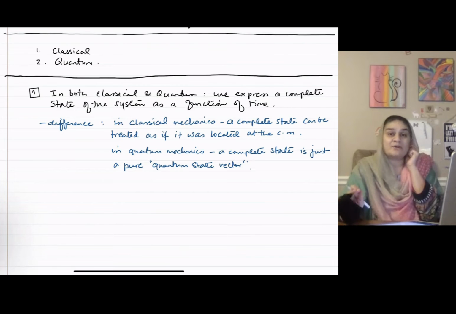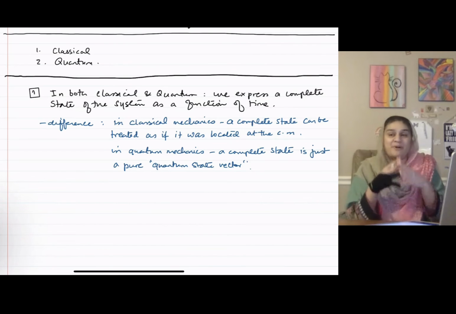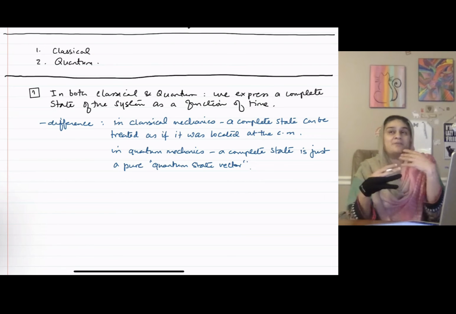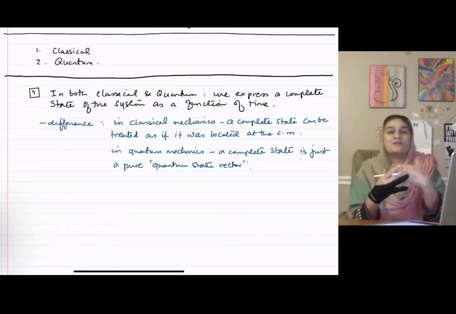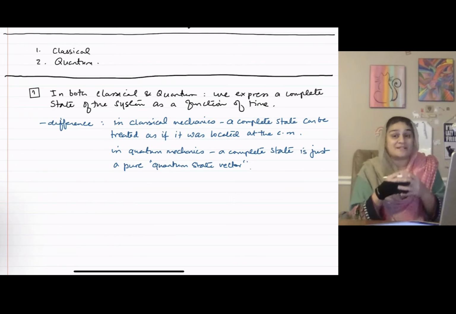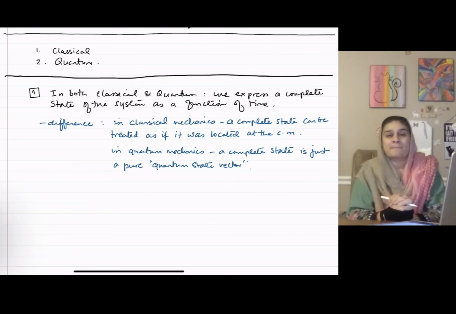What is a quantum state vector? A quantum state vector is just an experimental procedure that can be used to prepare or test one or more physical systems. It's not actually a state property of the material. Okay, just know that.